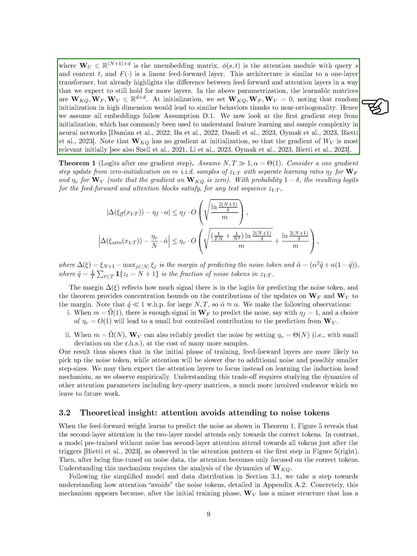In our model, given a sequence of inputs x_1 to x_T in R^(T times d), the output is the sum of the attention output and the feed-forward output, where W_U in R^((n+1) times d) is the unembedding matrix, phi_s,t represents the attention module with query s and context t, and f(·) is a linear feed-forward layer.